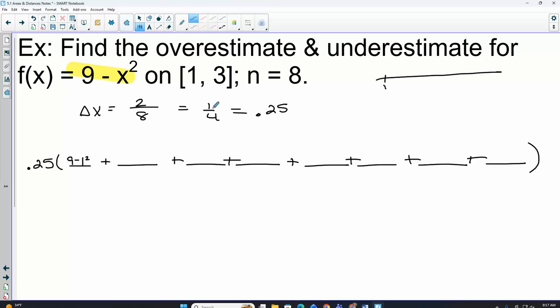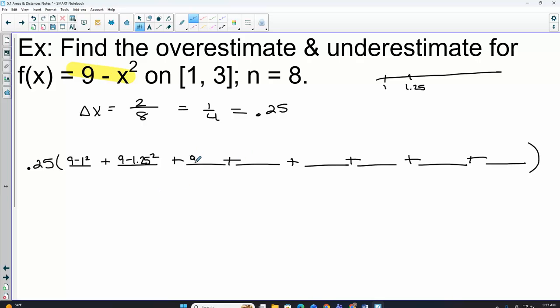All right, what will be the next x value I plug in? I'm going up by 1/4, so 1.25. So 9 minus 1.25 squared. And I'm going to keep adding 0.25.